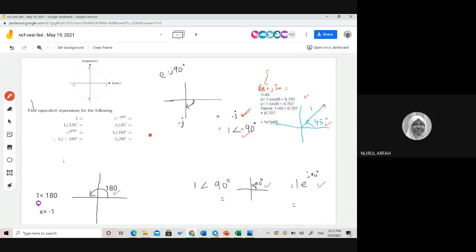Okay, good. Rectangular form. You should draw this part. This is 1. And you should draw this part. Okay. This is 1.